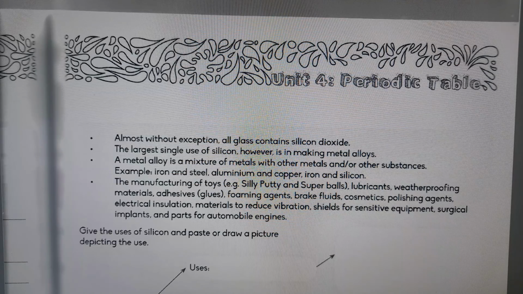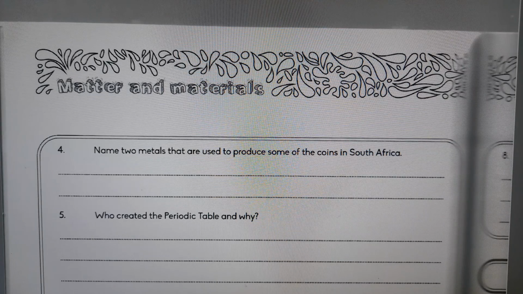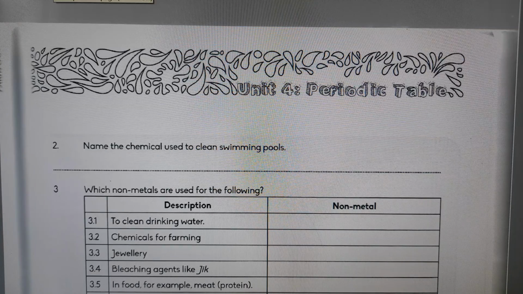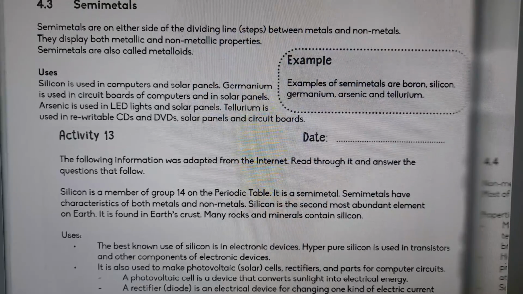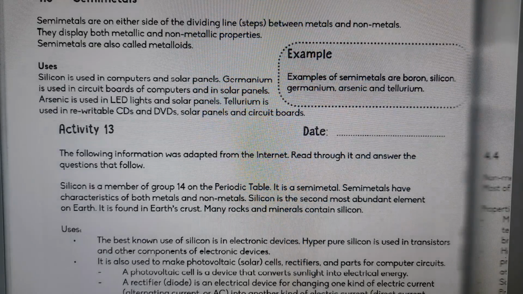Let's continue. Am I moving too fast? Yes, I think I'm moving too fast. We are here on semi-metals and we have covered what they are, what the other name for semi-metals is, metalloids, and their uses. So now we can continue.